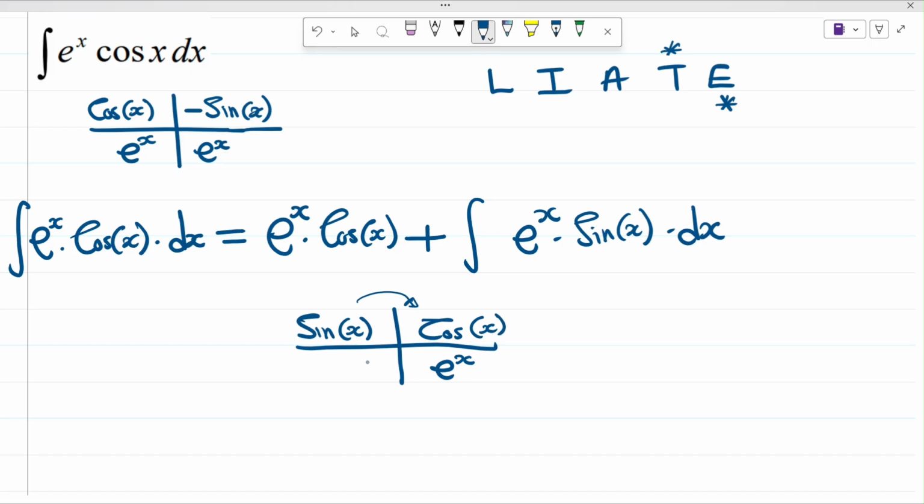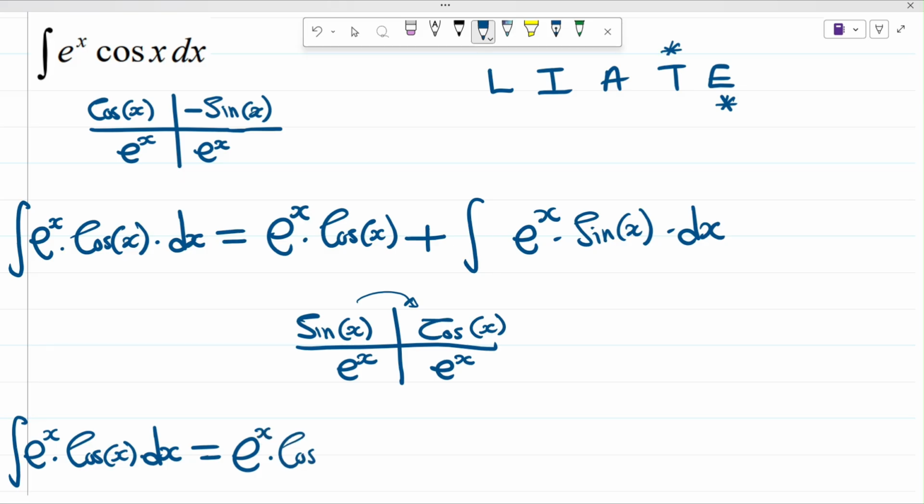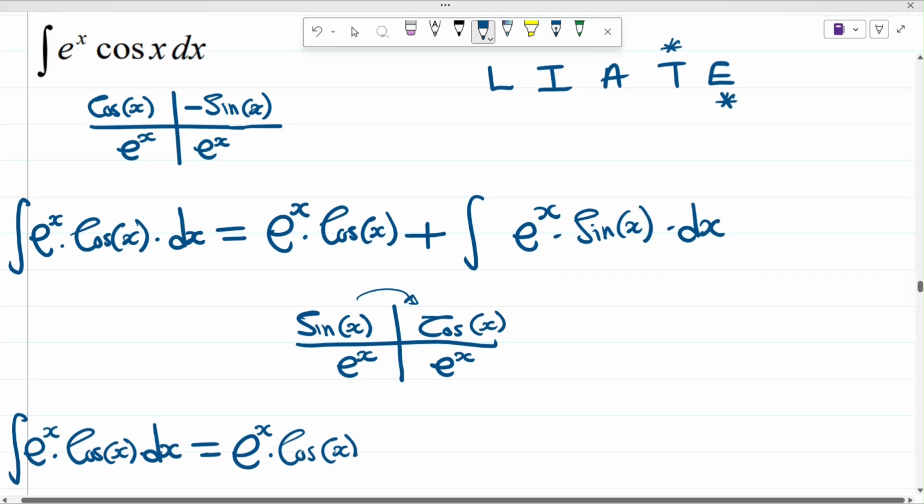Then we integrate e to the power x. It becomes e to the power x, it doesn't change. And then now I copy again everything the way it was. So this is going to be the integral of e to the power x cos of x dx, which is equivalent to e to the power of x multiplied by cos of x, like this.